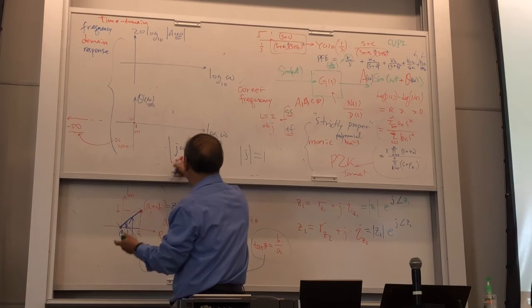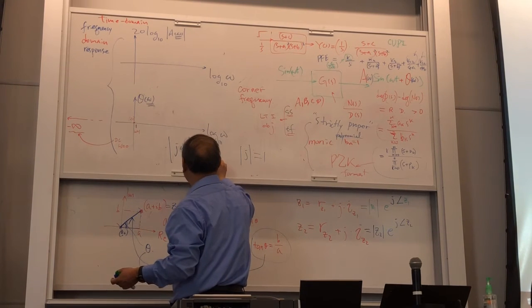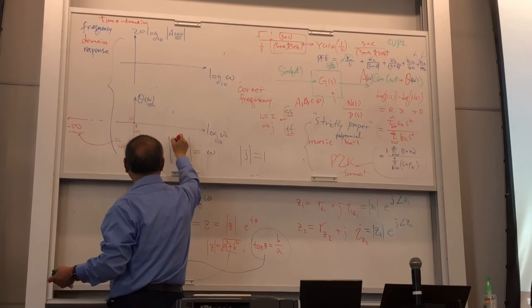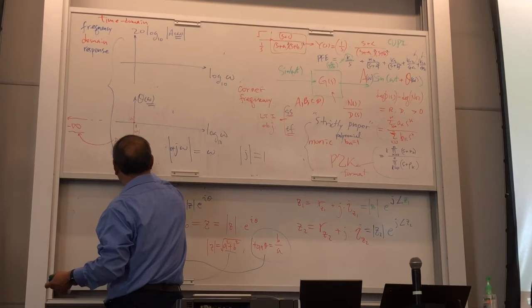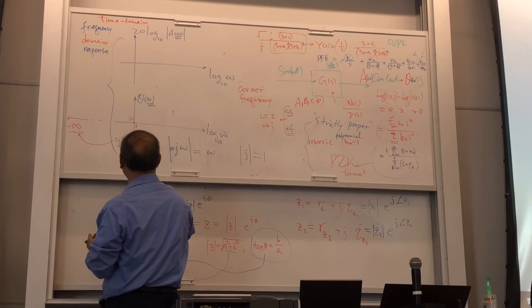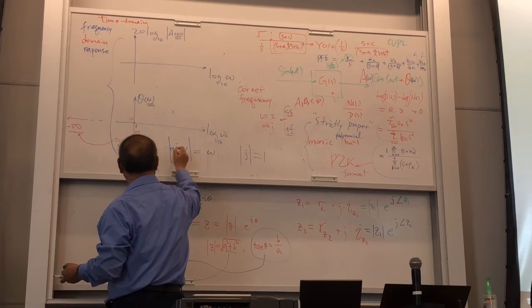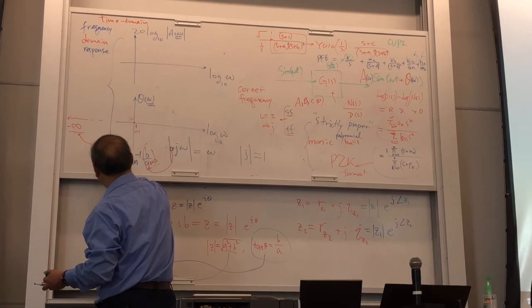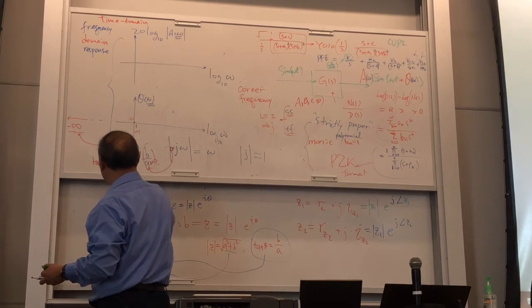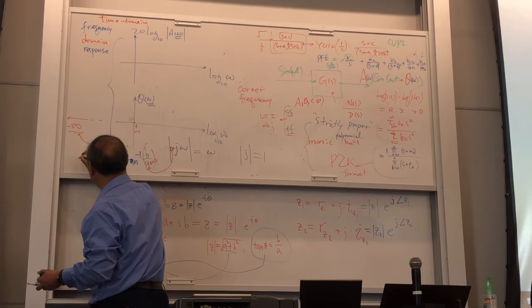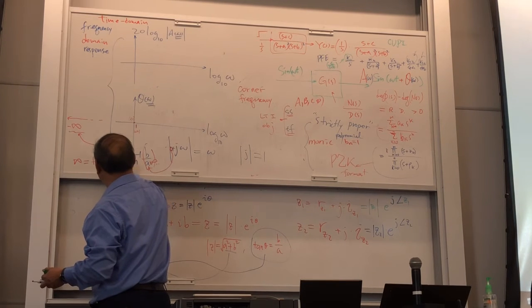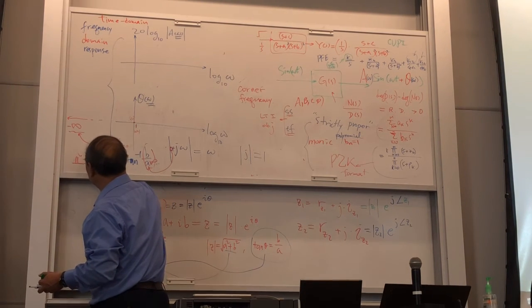But what is the phase of this one? It's B divided by A. A is 0, so I have the arctangent of infinity. So what is arctangent of infinity? What makes this infinity?